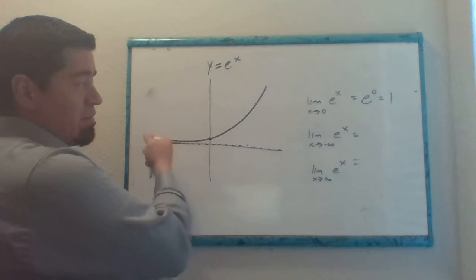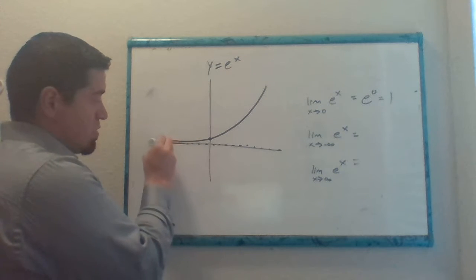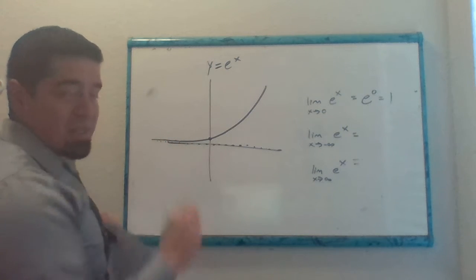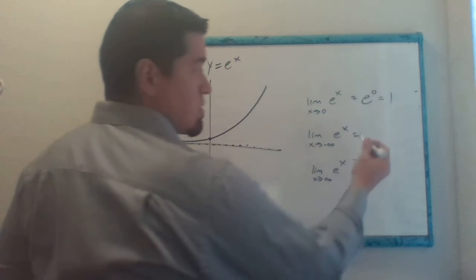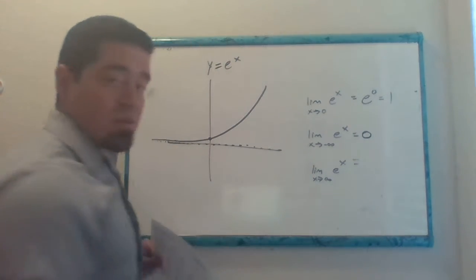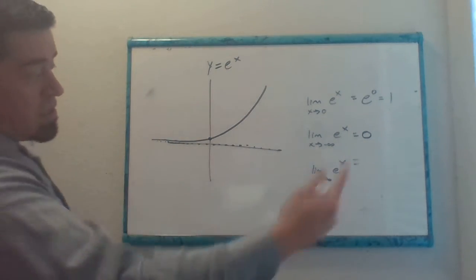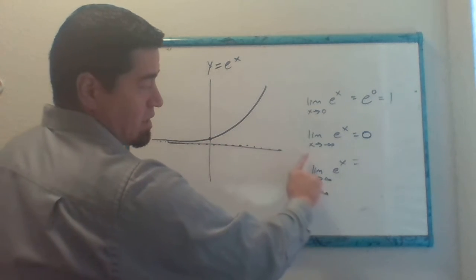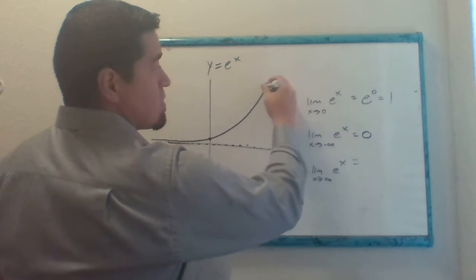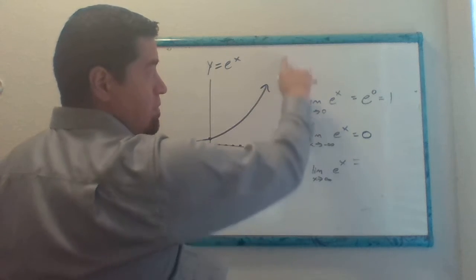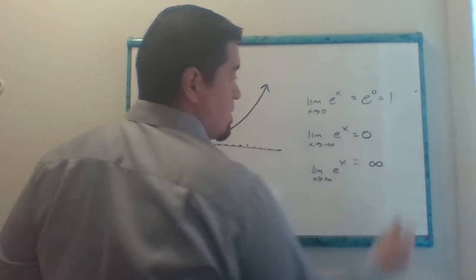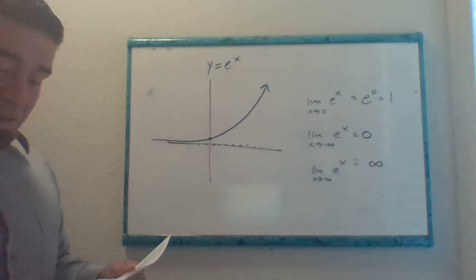As I go to negative infinity, what do my y coordinates get closer and closer to? Well, it's never going to pass that asymptote, so it gets closer and closer to the number 0. On the other side, as x goes to infinity, what do my y coordinates go to? My y coordinates will go to infinity. So that'll be the right-hand limit there.